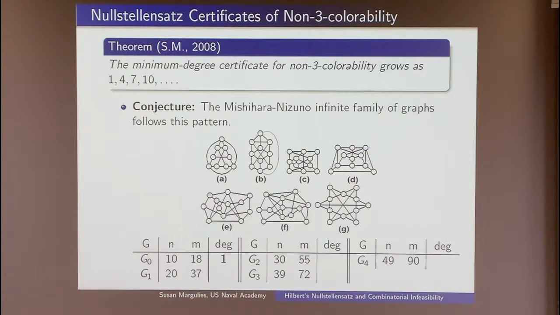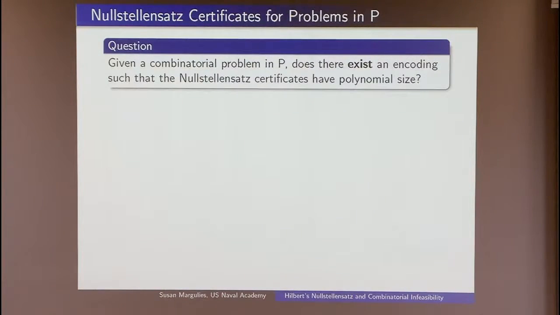And nicely enough, the degree starts at 1, then it stays at 4 for a little while, and then it changes its mind and goes to degree 7. So here we see that pattern, but what the combinatorics is counting, what it's trapping, what the algebraic geometry is counting is not so clear. So off we go, investigating.